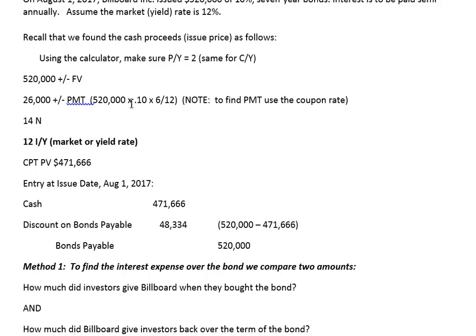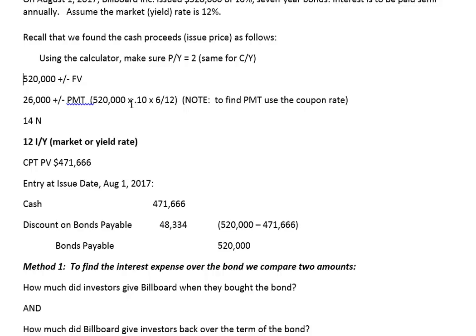So we put $520,000 as our future value. Future value means that's the amount we will be paying them back in 7 years. And because we're paying them back, that means cash is going to flow out of our business to pay back our investors. That's why I put the plus minus sign in there. Plus minus would indicate it's an outflow or a negative.